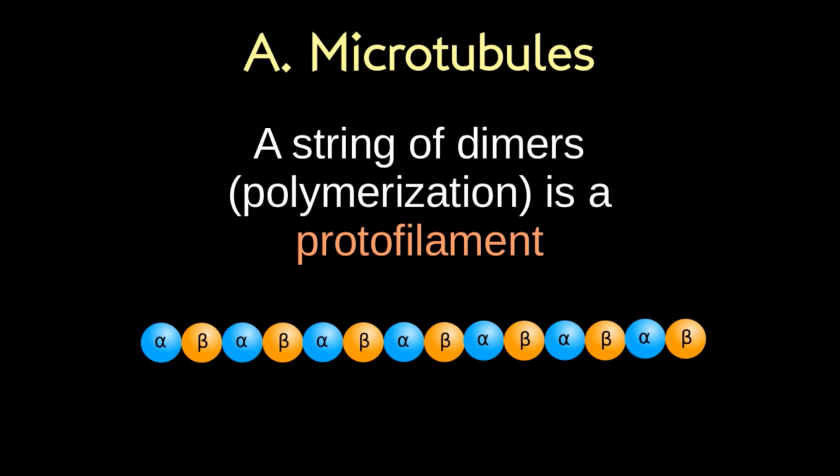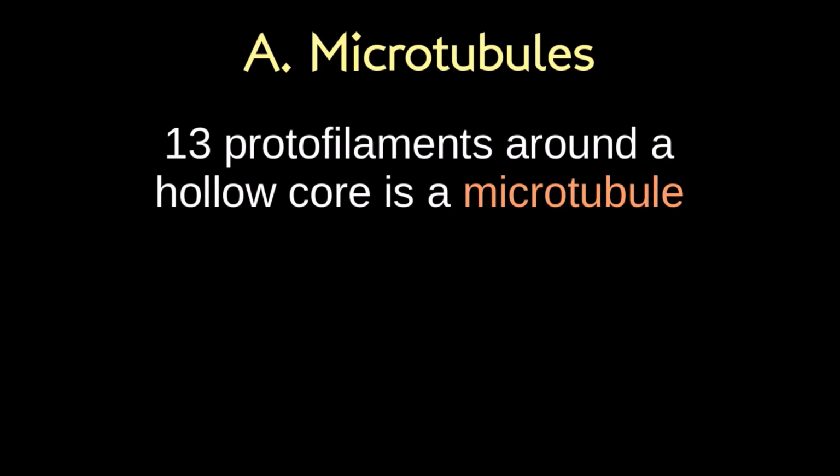If we want to make a whole microtubule, we take 13 of these protofilaments and we arrange them in a tubular fashion, hence the name, I guess. And we have a hollow core in the middle, and that is a microtubule.